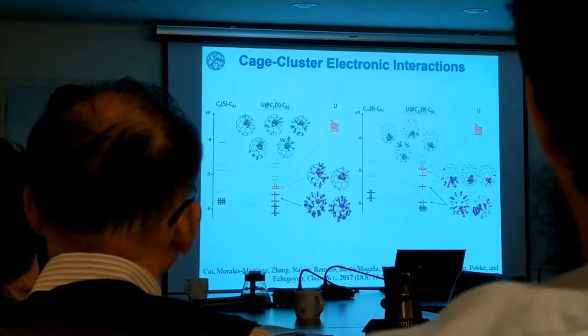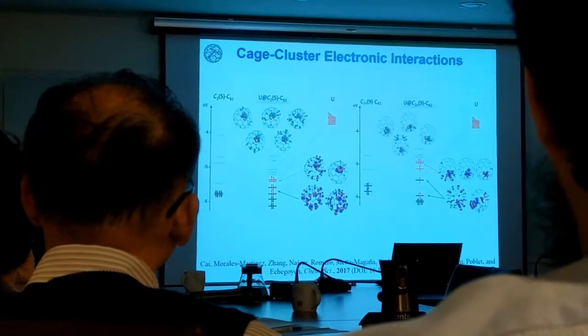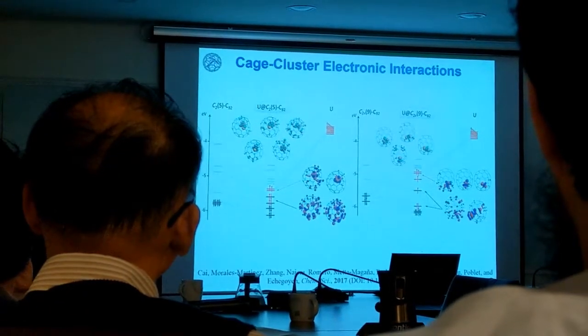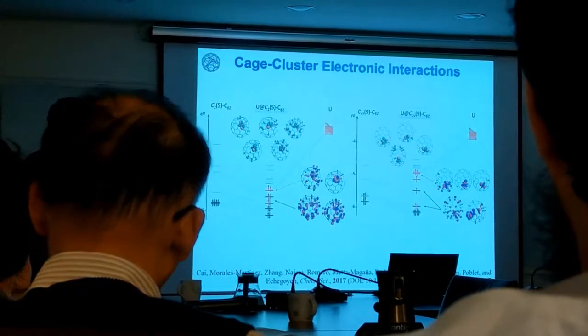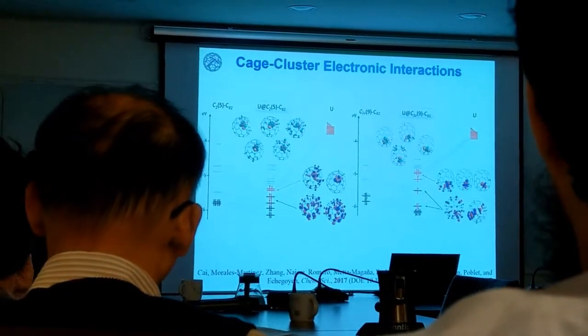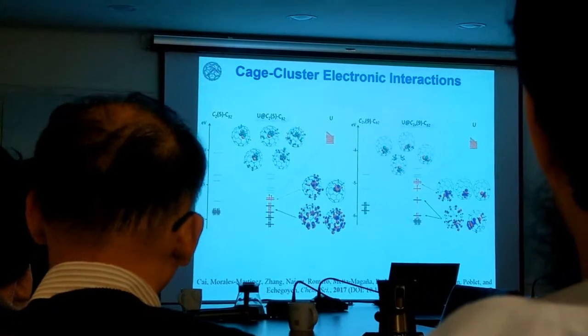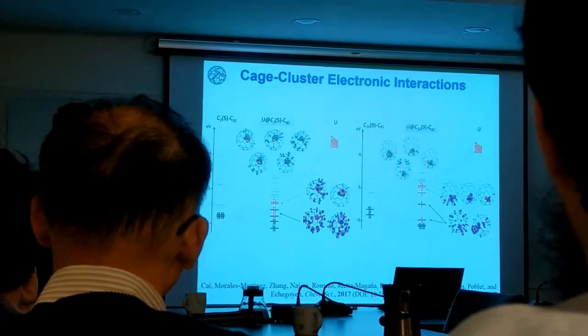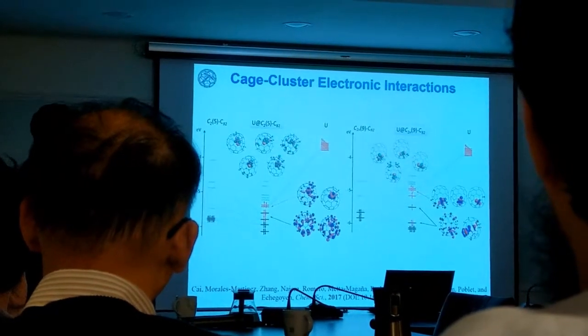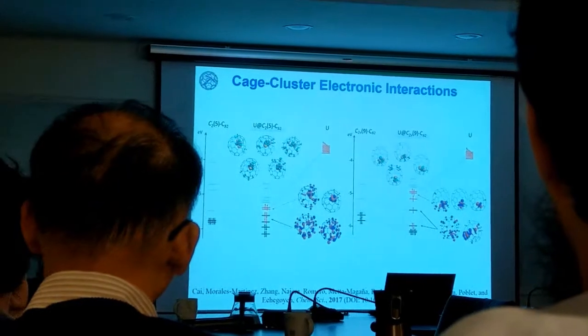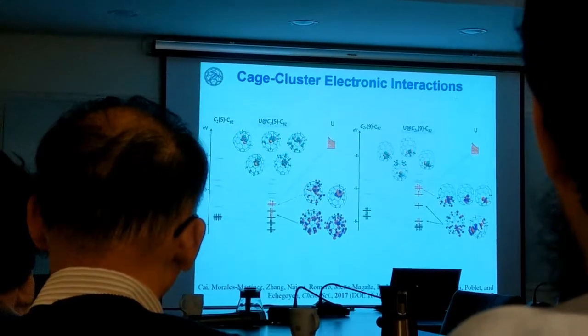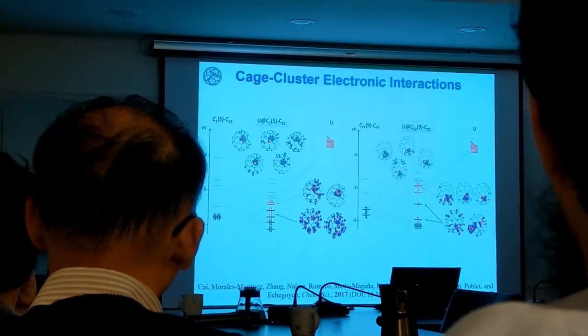This is unique. For the first time, and we published this last year, by the way, you're seeing the first ever crystal structures reported for uranium inside a fullerene cage. These were the first ever in the literature, and it's now about a year old. So not only did we characterize the compounds for the first time, we understand the bonding subtlety differences between isomers.